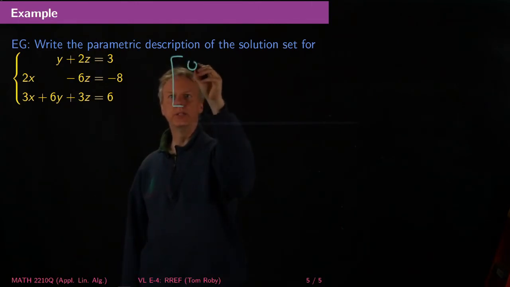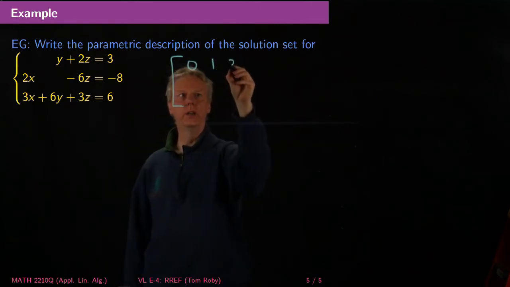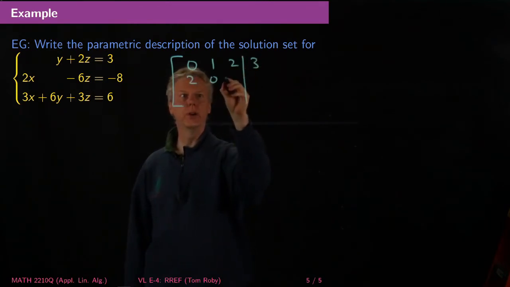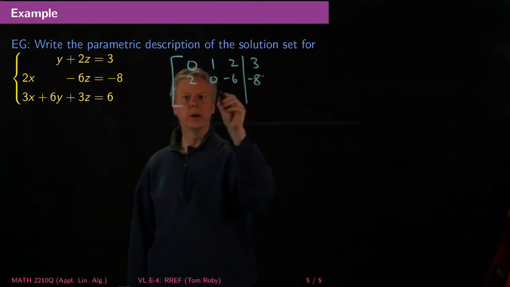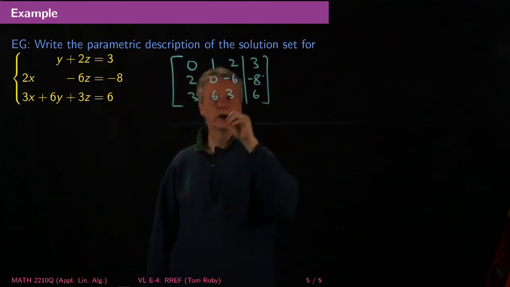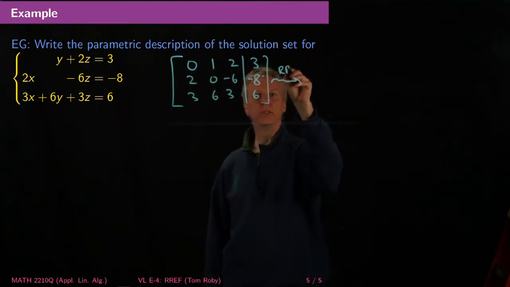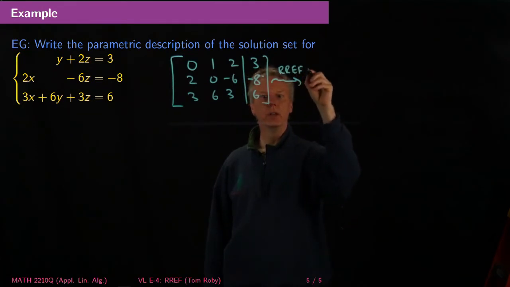Well, it looks like it's going to be 0, 1, 2, 3, 2, 0, minus 6, minus 8, 3, 6, 3, 6. Okay, and now if we send it to row-reduced echelon form, what happens?